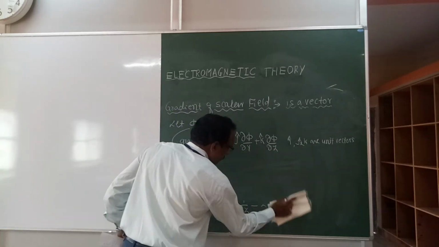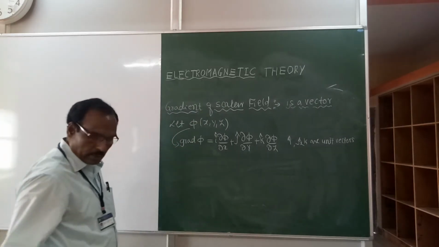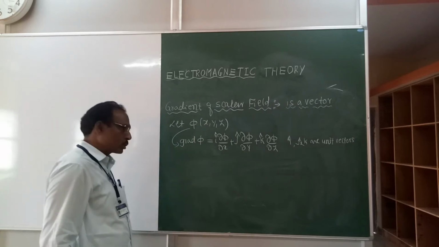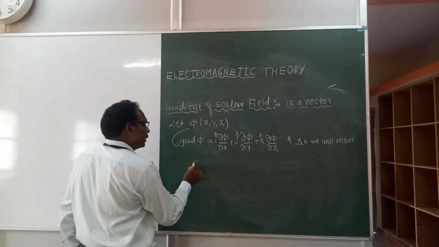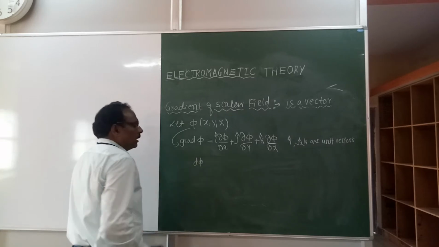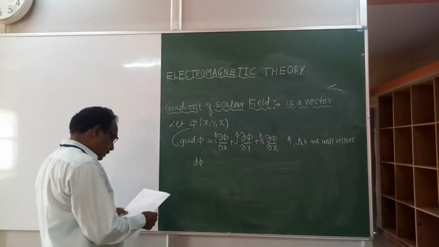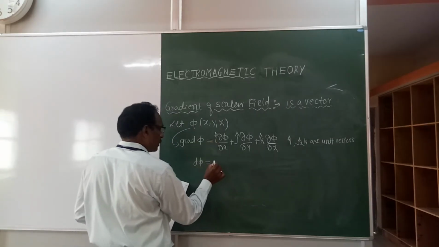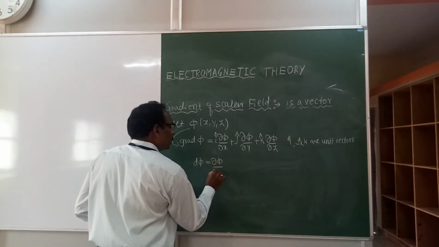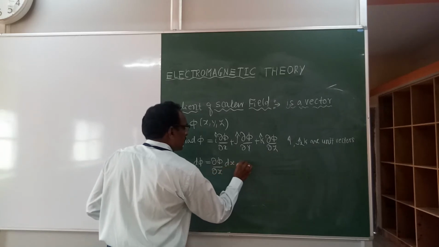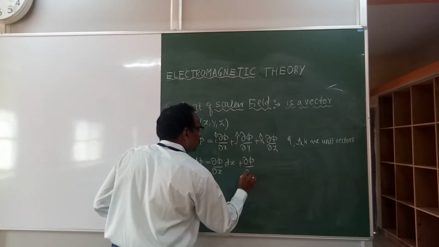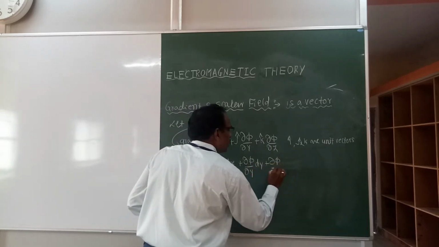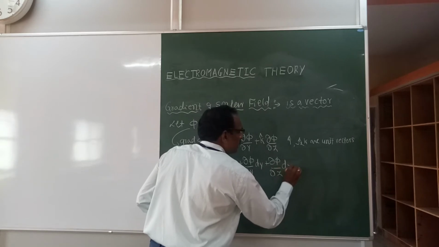I said, let phi of x, y, z be a scalar differentiable function. Its differential d phi, I'll write, is dou phi by dou x dx plus dou phi by dou y dy plus dou phi by dou z dz.